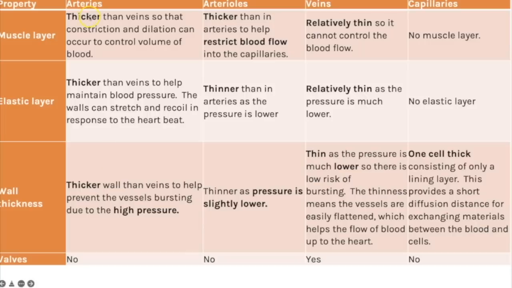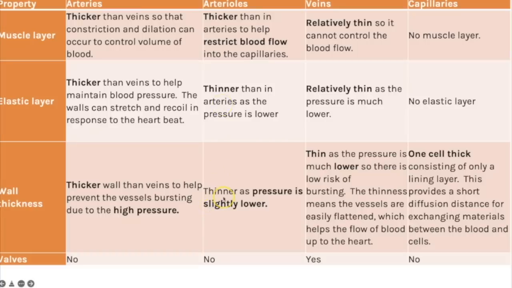So we've already talked about the arteries and the veins, but if we now add in the arterioles and capillaries, the arterioles are thicker than in the arteries, the muscular layer, and that is to help restrict the blood flow to the capillaries. The elastic layer is thinner than the arteries, and that is because the pressure is now slightly lower.